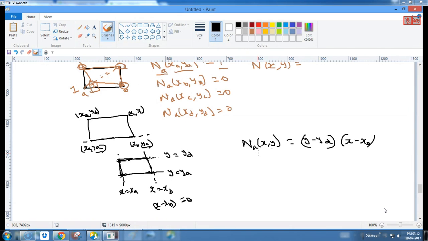So the easiest manner you can write this is this one. But you know that when I evaluate at A, it should give me the value 1, so that's the reason you evaluate it at ya minus yd, xa minus xb. This is for horizontal and vertical lines only. If it is an inclined line, you can still write it for the similar thing, changing this to the corresponding lines, and you can get it.